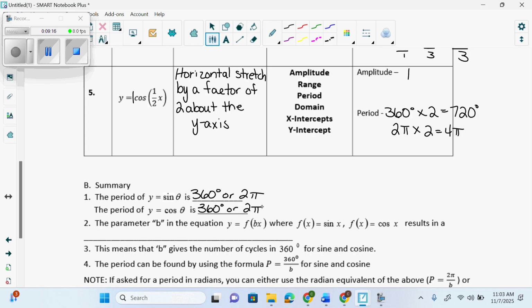Here it says the parameter b in the equation y equals f of bx, where f of x is sine x or cos x, results in a horizontal stretch by a factor of what? Not b. 1 over b, about the y-axis.